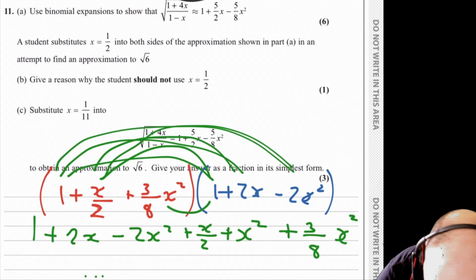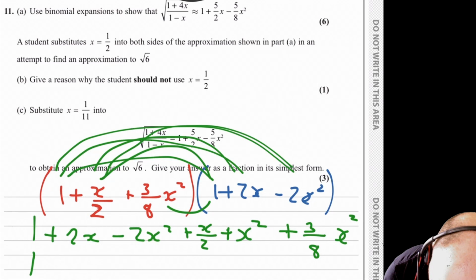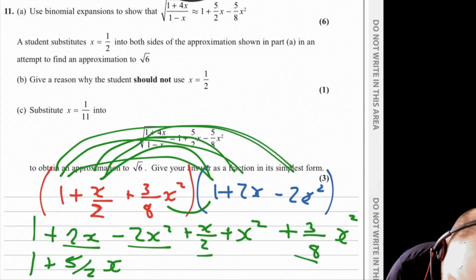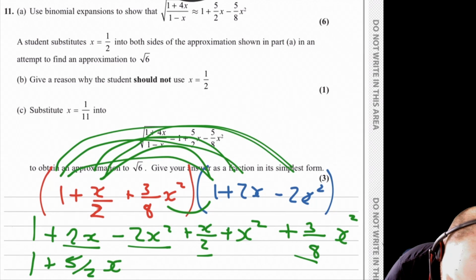And the last one we need to do is plus 3 over 8 x squared. So overall, we're going to get a 1. We've got 2x plus x over 2, so that's 2 plus a half, so that's going to be plus 5 over 2 x. We've got minus 2 plus 3/8. I don't know if this is going to be right, actually.